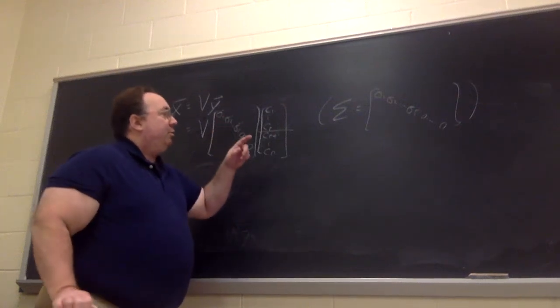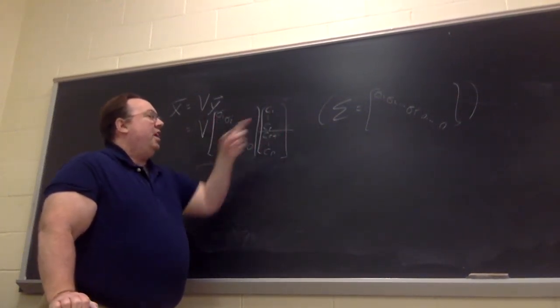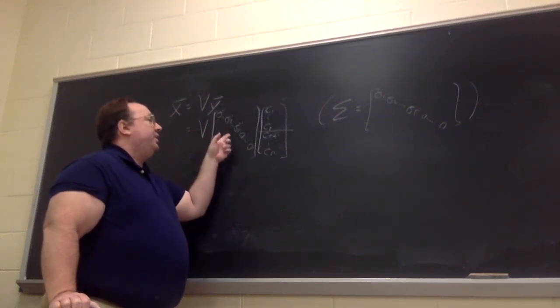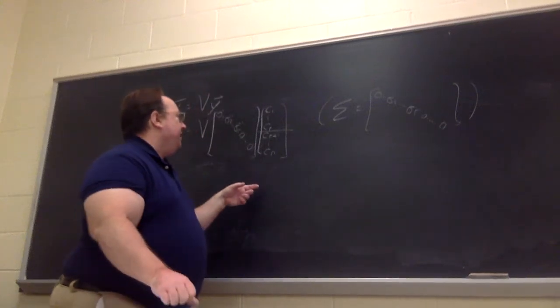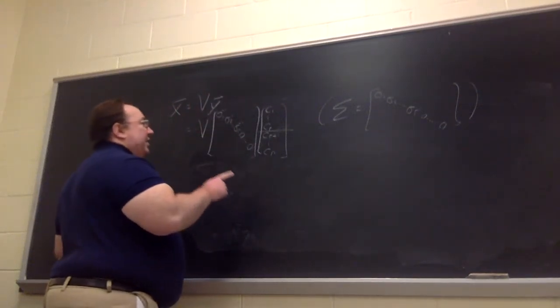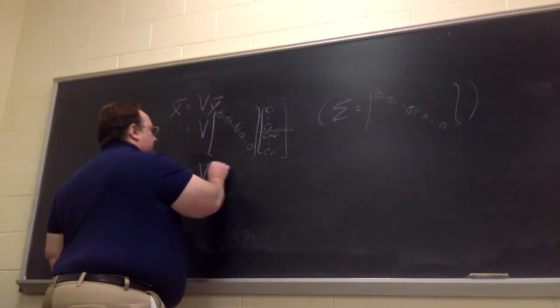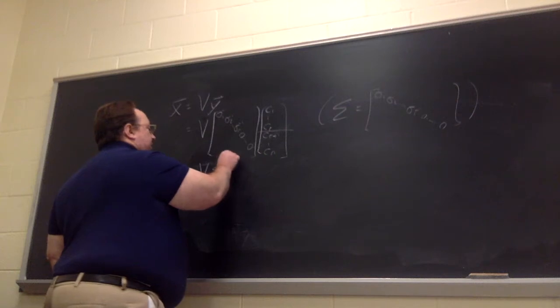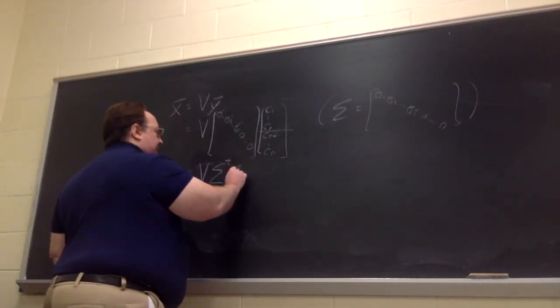So you can almost think of this matrix as kind of like an inverse, because at least where you have non-zero diagonal entries, I have reciprocals over here. It's just that here I have zeros I can't take reciprocal of, so I just put zeros in here. So I can't call that the inverse. It's not the inverse. It's a pseudo-inverse. So I'm going to call it sigma plus, and then times c.